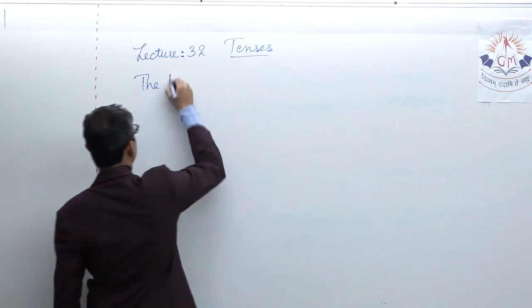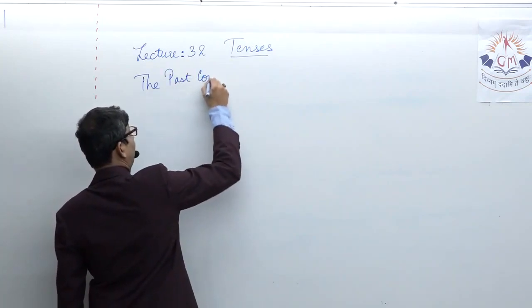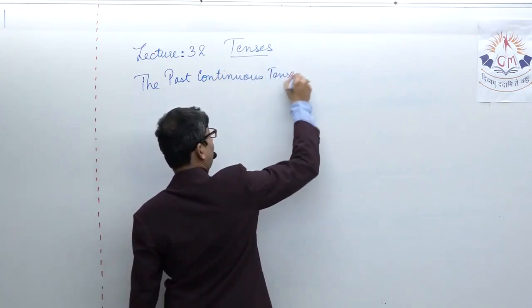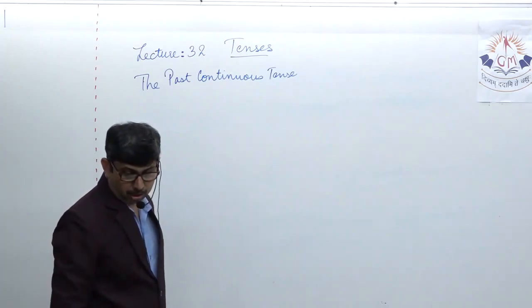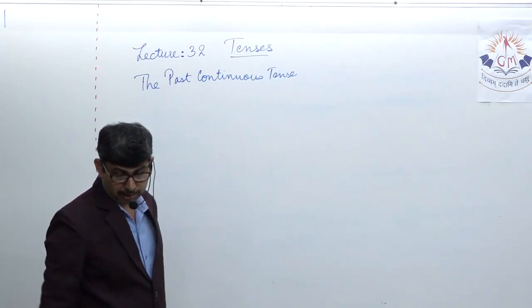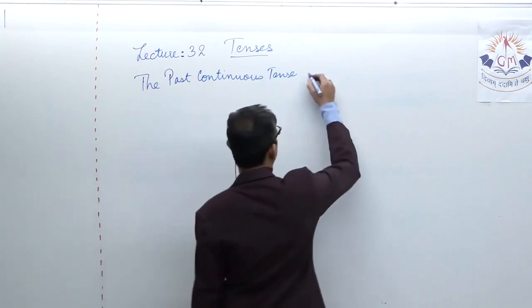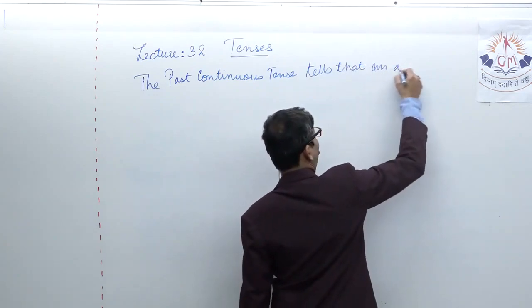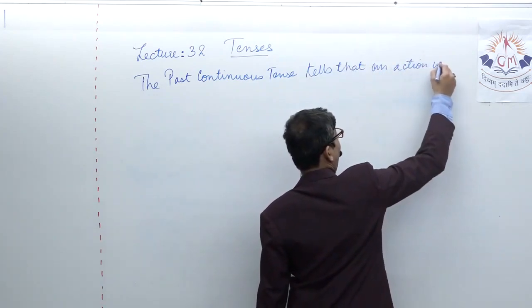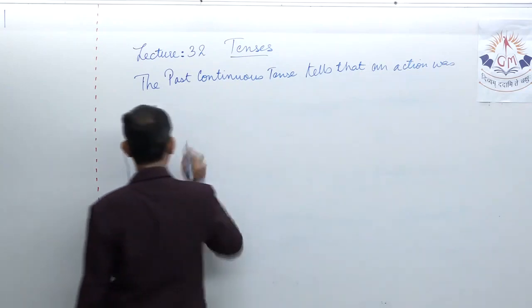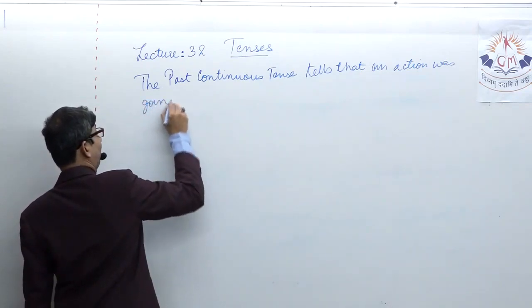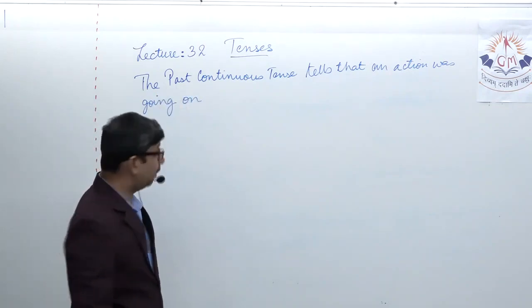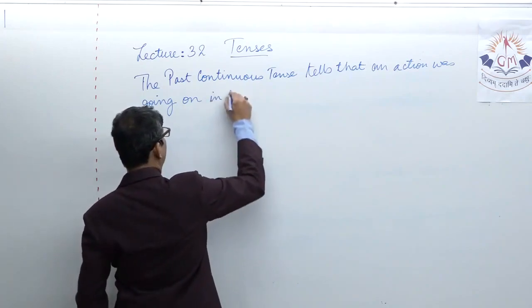The past continuous tense is used or indicates that the action was going on, it was in continuation, in the past time.